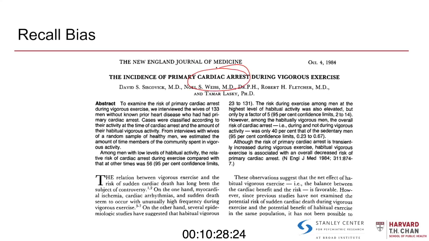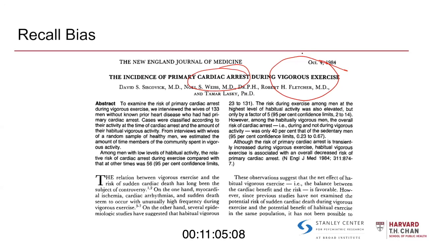The cases were sicker and they were not able to talk. So instead of asking the men about their history of physical activity, they decided to ask the wives of the cases. In order to have comparable information, they decided to ask the wives of the controls, even though it was possible for them to have interview information from the controls themselves. So having a comparable recall was an important criterion that the investigators used.